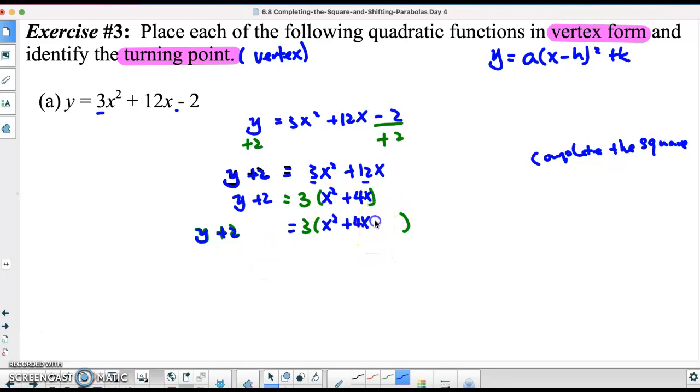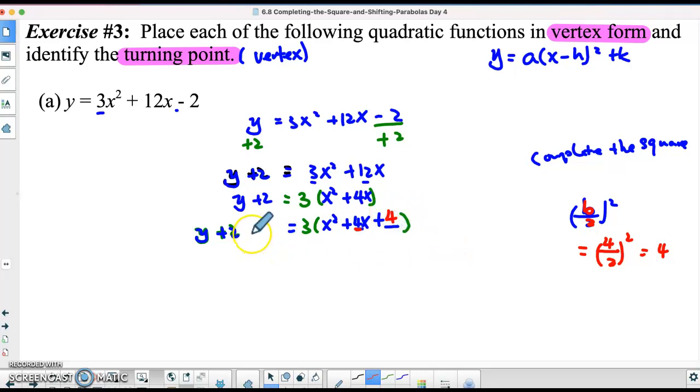And I need a third number. I believe that number should be b over 2 squared. So the new b here is 4, right? B is 4. So b over 2 squared is 4 over 2 squared. That gives us 4. So I need 4 here.